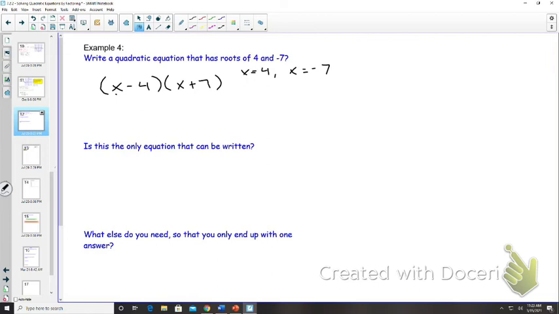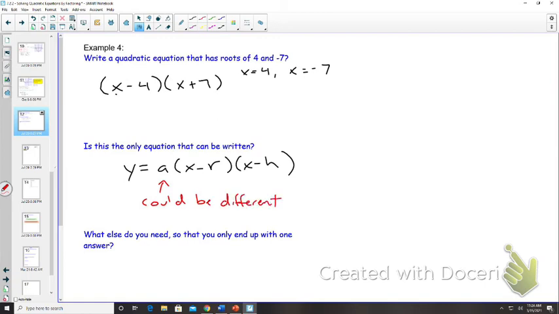Let's just go with yes. Or let's just write no. For our roots, those are true, but what could be different is our a value. The a value could be different.